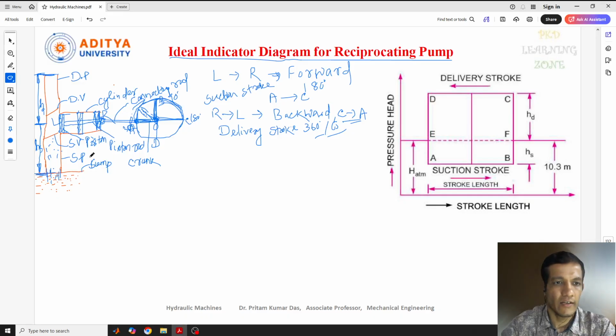I'll give again a small brief idea about why it is called the suction stroke and why it is called the delivery stroke. Now see, when the piston starts moving in the forward direction, there is a pressure difference between the inside of the cylinder and the atmospheric pressure. We know that atmospheric pressure is acting on the fluid. If you see, P atmospheric is marked here.